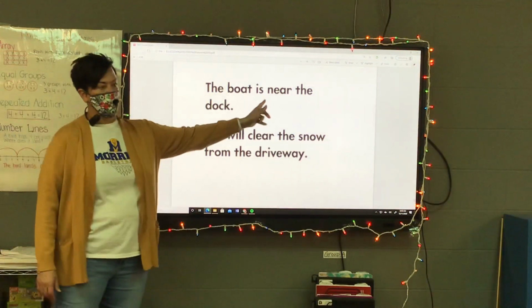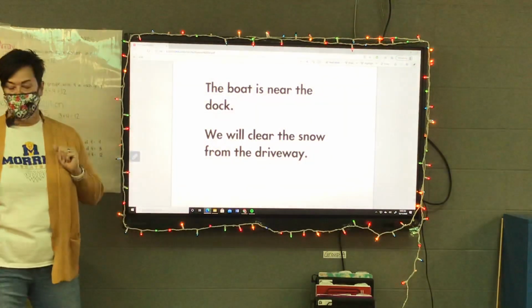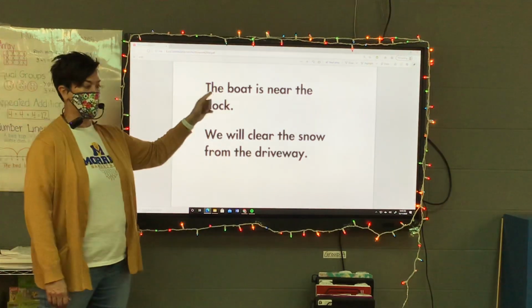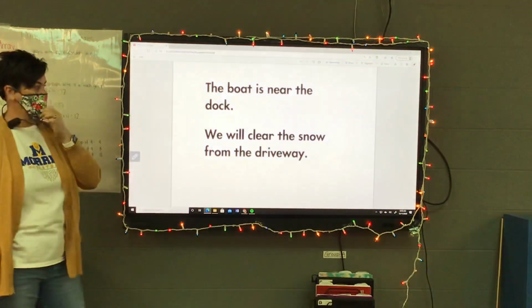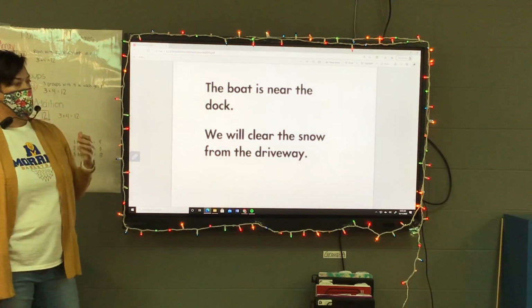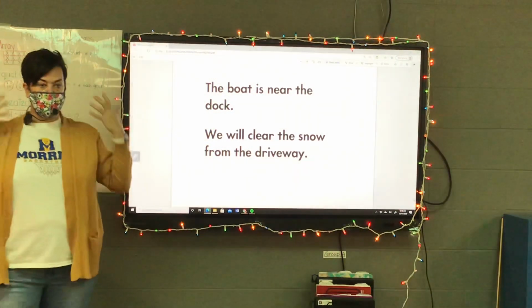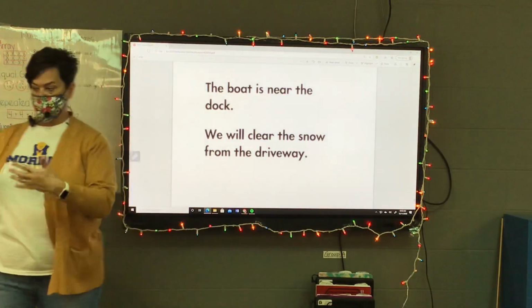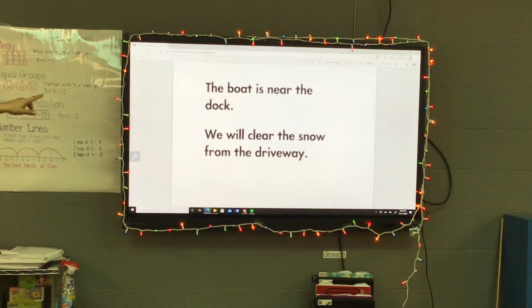Read this to yourself. Read it to yourself again. Now, really focus on saying it fluently like you're talking with someone. Here we go. The boat is near the dock. One more time. The boat is near the dock.